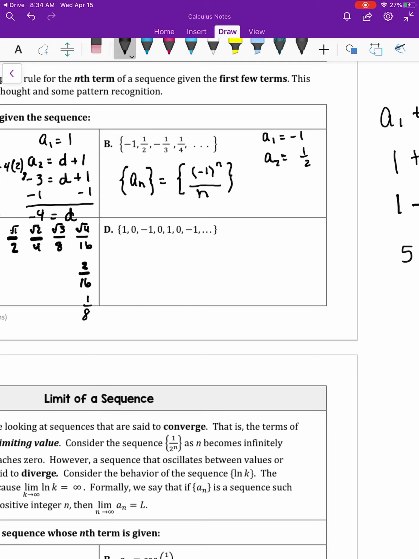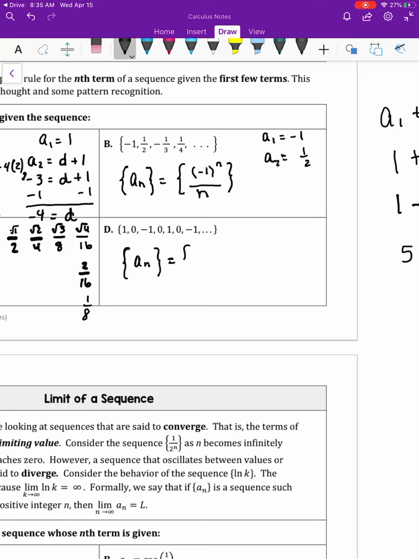This one I think was kind of hard to figure out, but think about what function goes from 0 to 1 to negative 1. Is there a function that kind of, if you were just looking at specific things, goes 1, 0, negative 1, 0, 1, 0, negative 1?